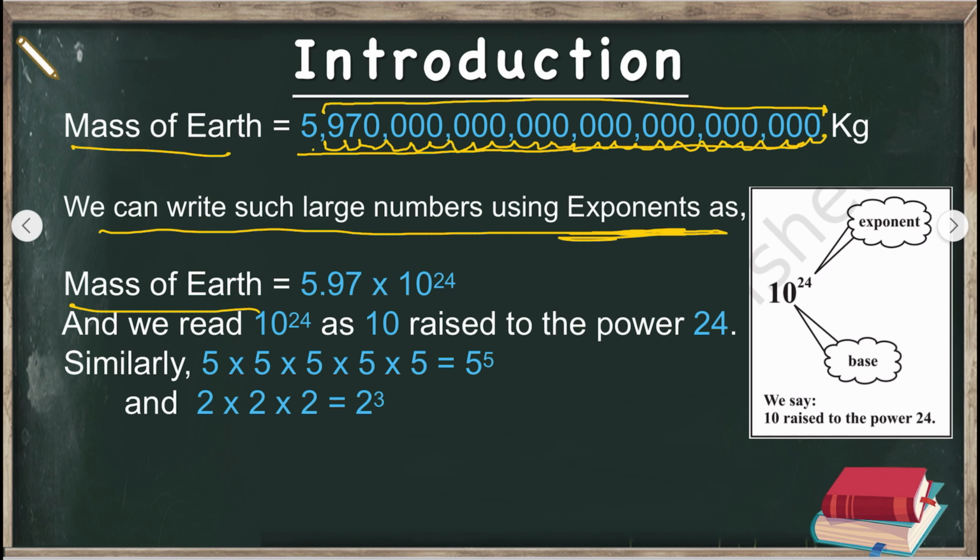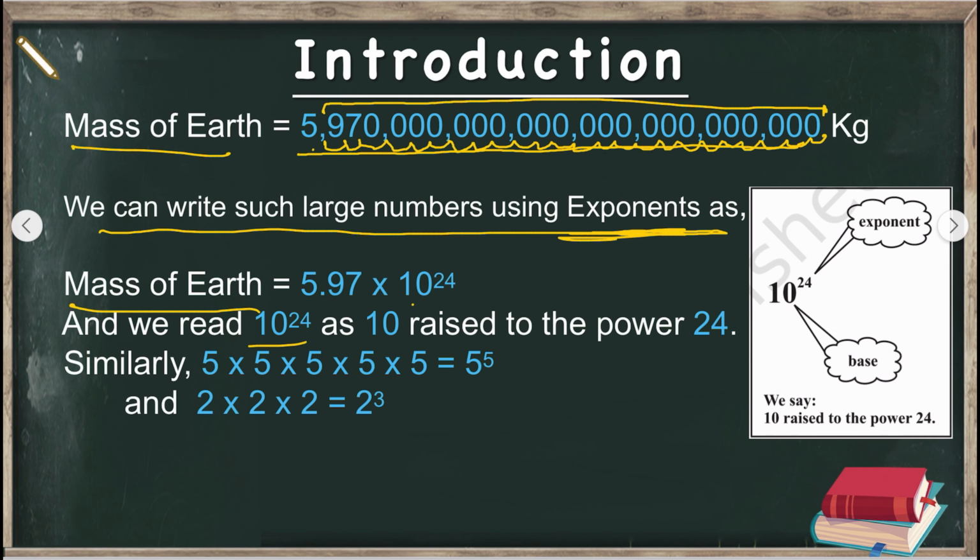So we can write this by placing the decimal right after the first digit, that is 5.97. Then removing all the zeros, we write this as into 10 power 24. So this is 5.97 into 10 power 24. That's the mass of the Earth.